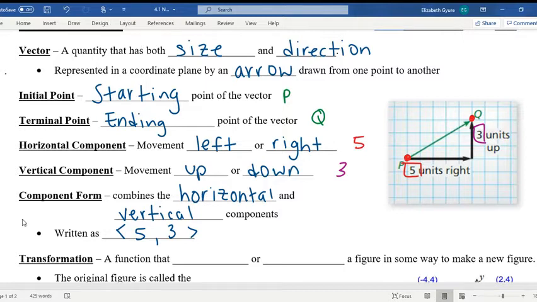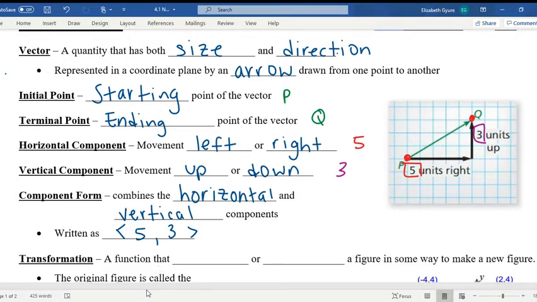Now when you think about a coordinate point, isn't it X and then Y? So wouldn't it make sense for your component form to also be X and then Y? So it's your horizontal movement and then your vertical movement. Positive numbers mean it's going up or right.